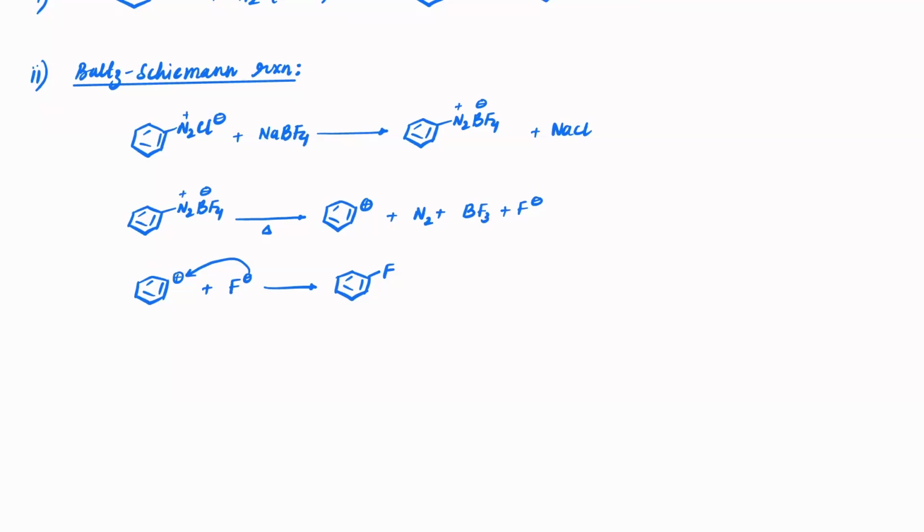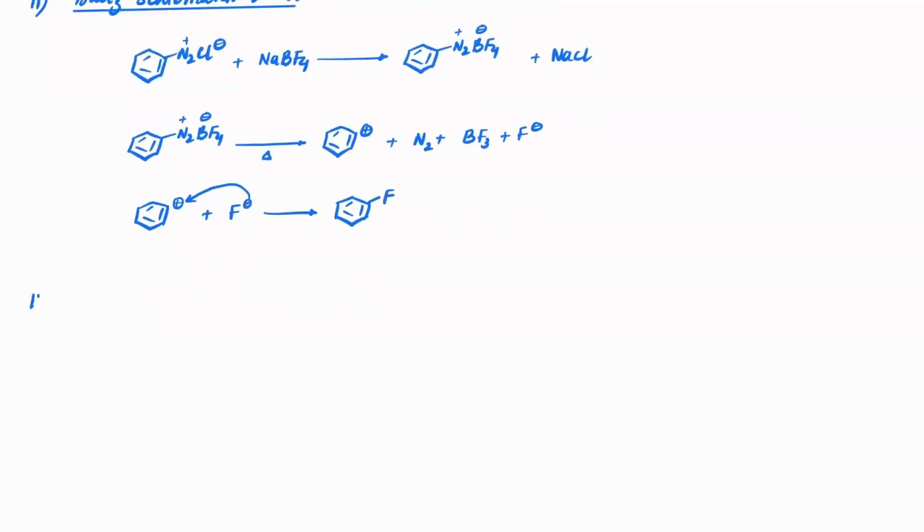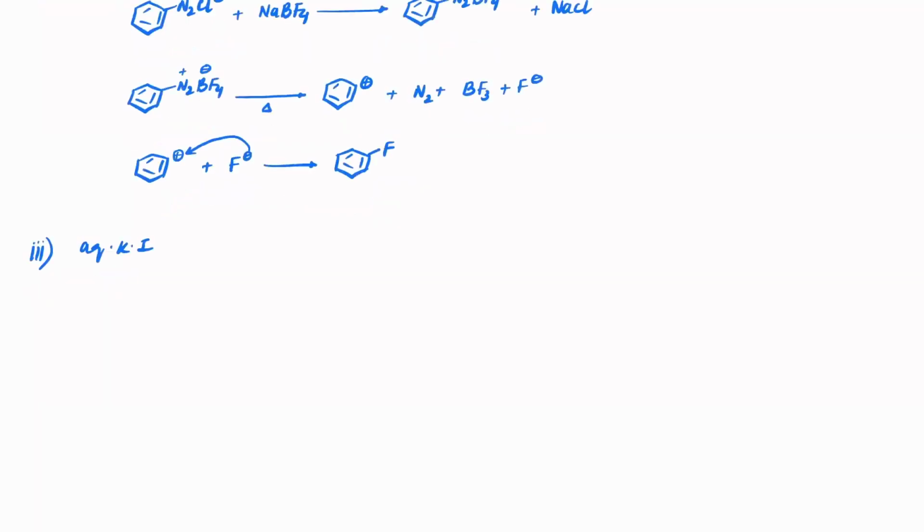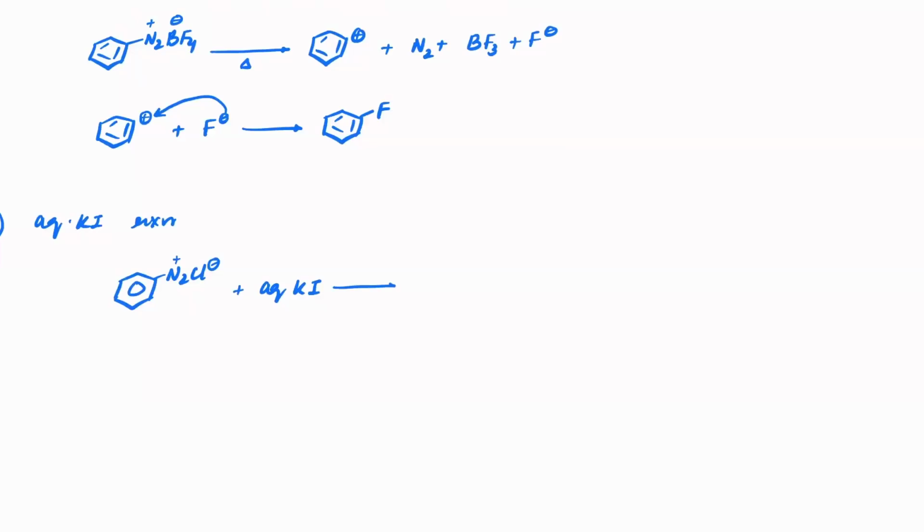Okay. One more reaction where ArSN1 is observed is with aqueous KI. That is, if you have N2+ Cl minus reacting with aqueous KI, again it can form a carbocation, and then the I minus can go and attack on it, thus giving iodobenzene.